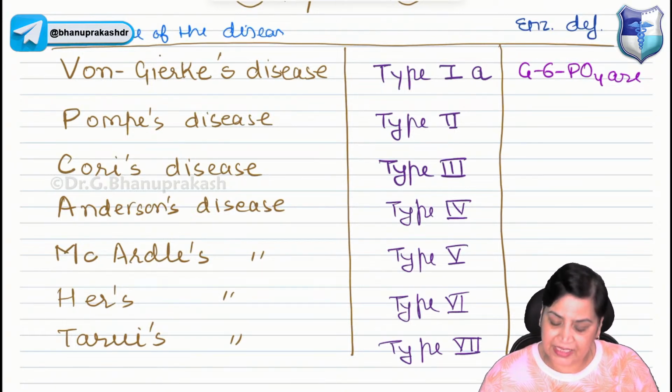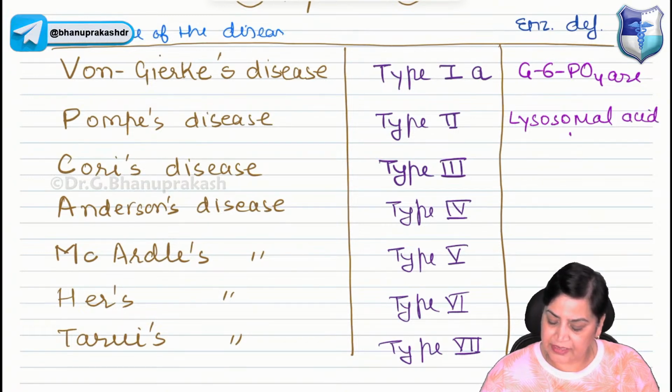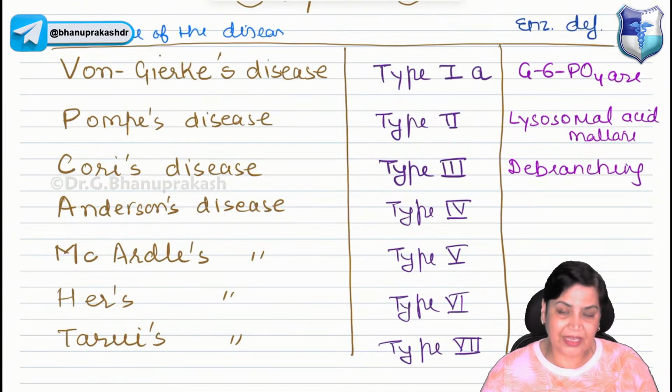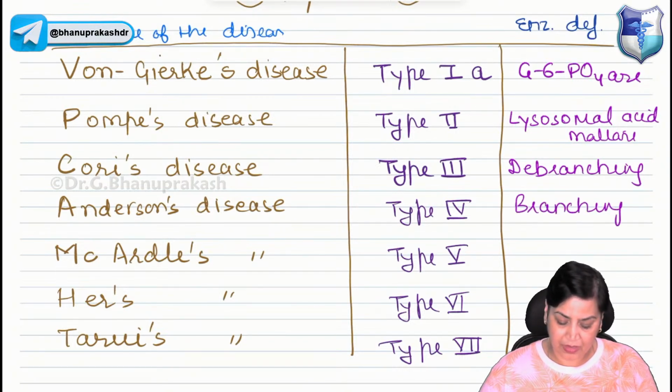In Pompe's disease, the deficient enzyme is lysosomal acid maltase. Right. In Cori's disease, the deficient enzyme is debranching enzyme. I will be taking these disorders one by one, don't worry. Anderson's, branching enzyme, right?